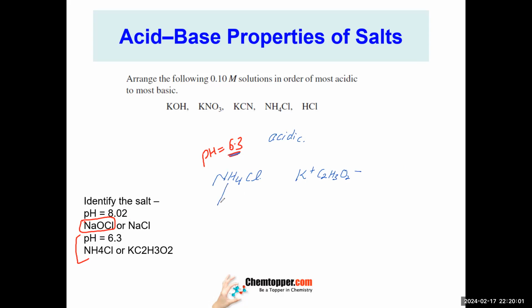Identify the base and acid. She's saying ammonia and hydrochloric acid. Very good, Azuni. So what kind of salt is this? Whose conjugate is stronger? Conjugate of ammonia is stronger.